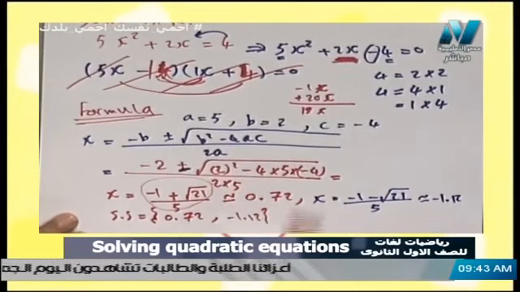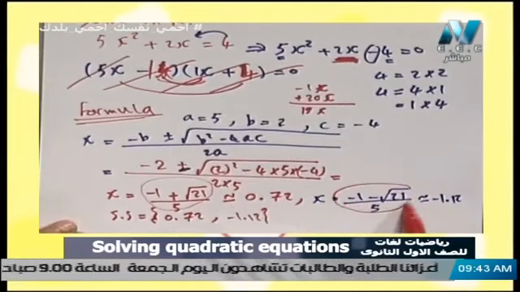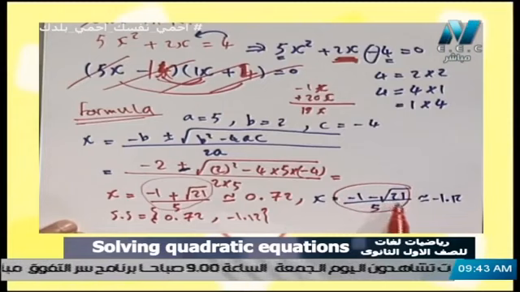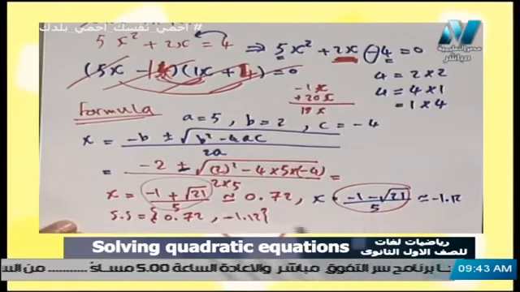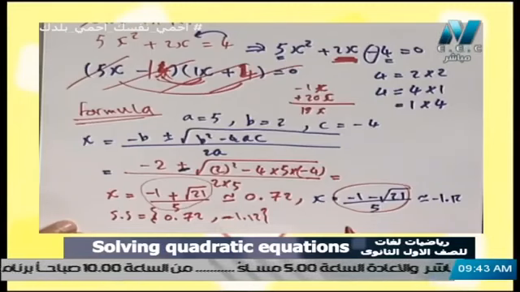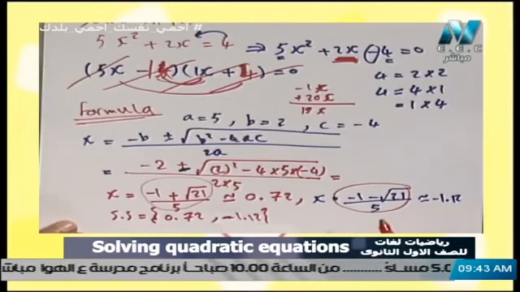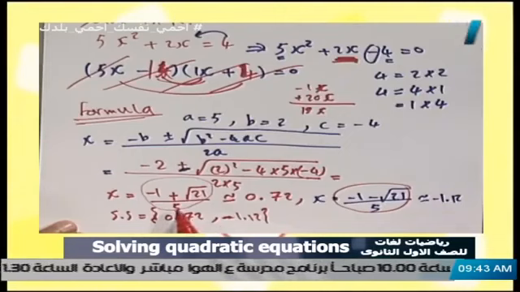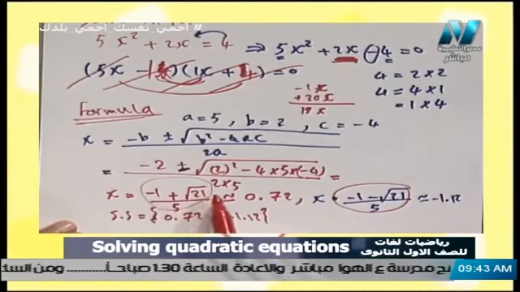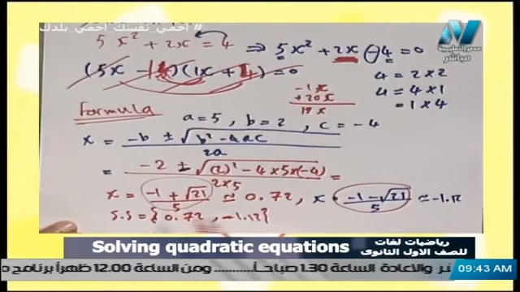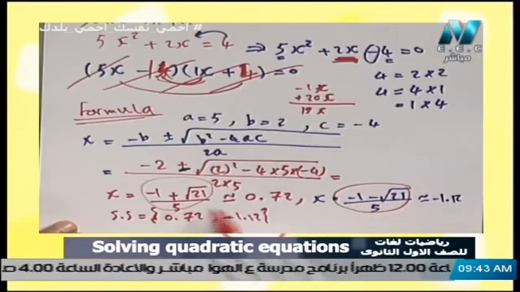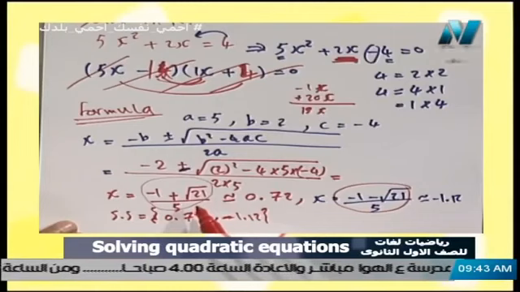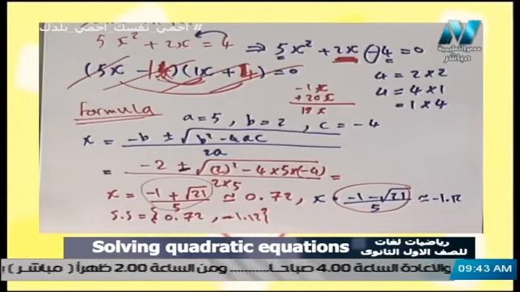And we can put the second number as negative 1 minus root 21 over 5 instead of negative 1.12, and we have here the two roots, negative 1 plus square root 21 over 5 and negative 1 minus square root 21 over 5, the solution set of this equation and the two roots of this equation.